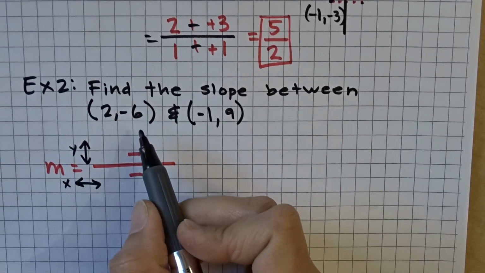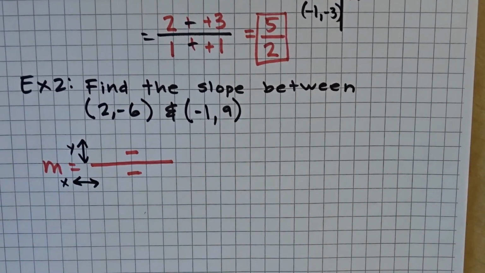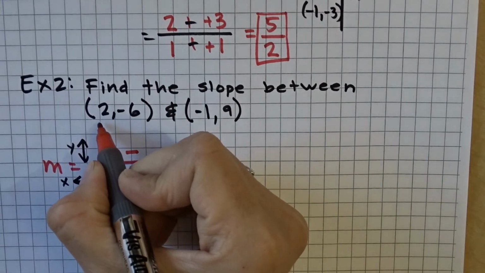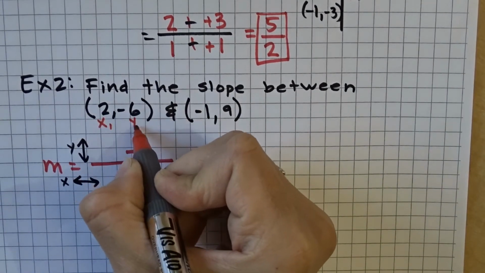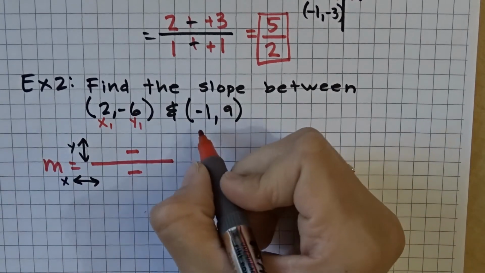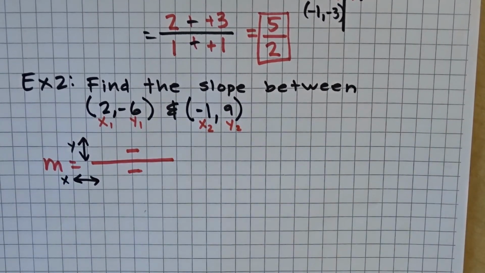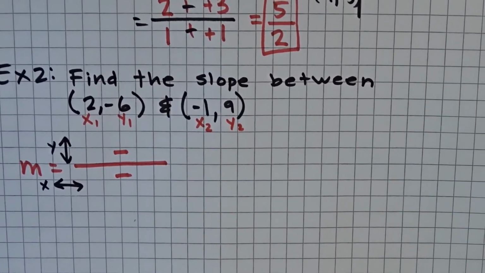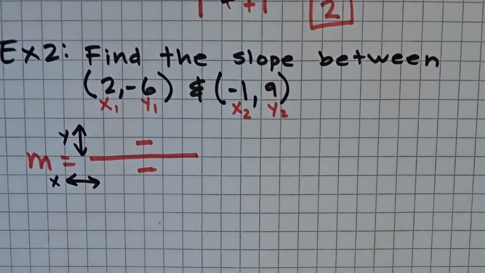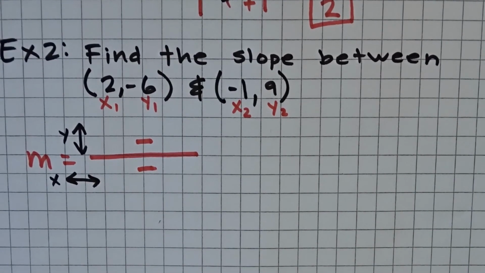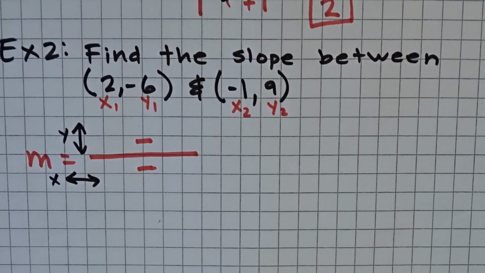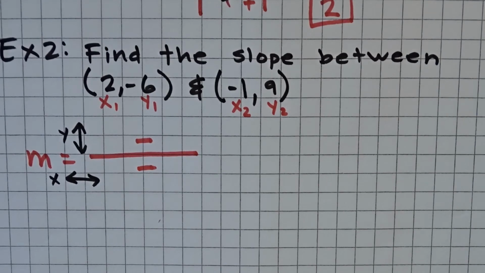So it's always best to label which one's your first point, which one's your second point. Those are my x and y from my first point, and my x and y from my second point. I know that on the top, on the numerator, I'm going to need to put in my y coordinates.